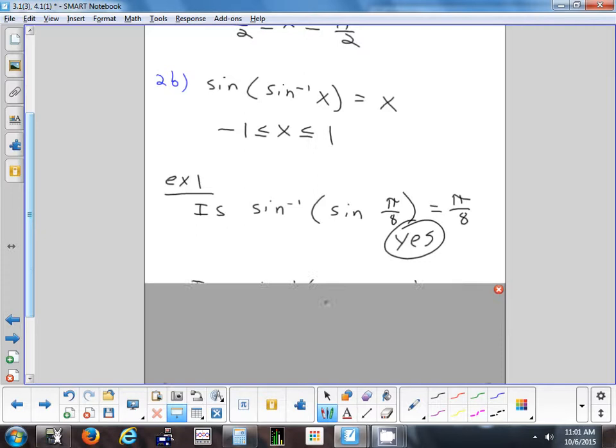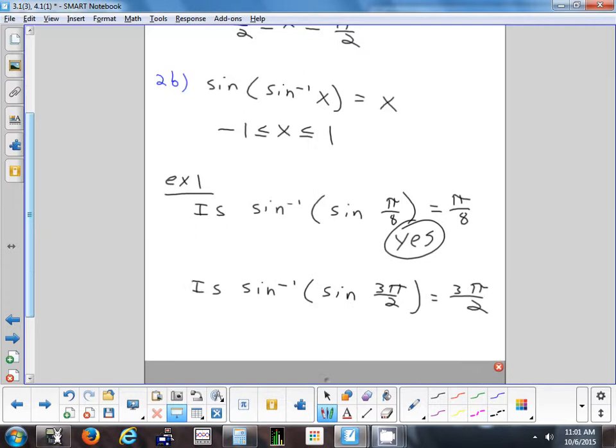All right. How about this one? Same formula. Inverse is on the outside, regular is on the inside. Does anybody remember what 3 pi over 2 is? We use that one a lot on the unit circle. Negative 90 degrees. Yep, it is negative 90, which is the same as 270.